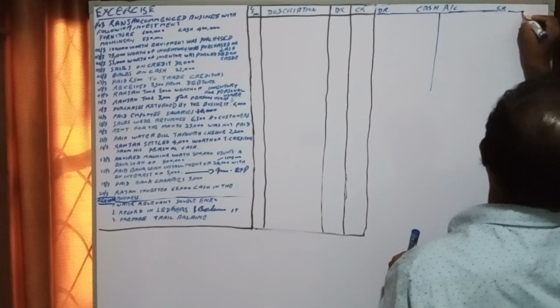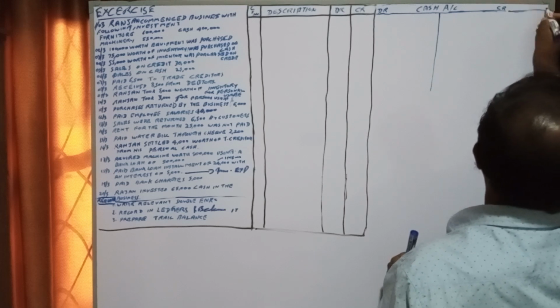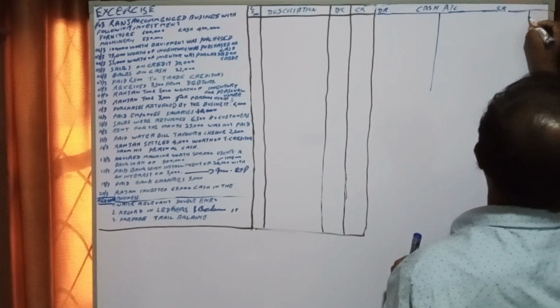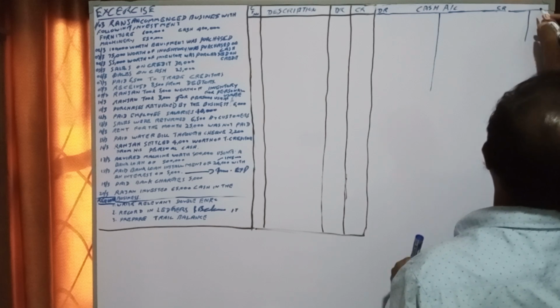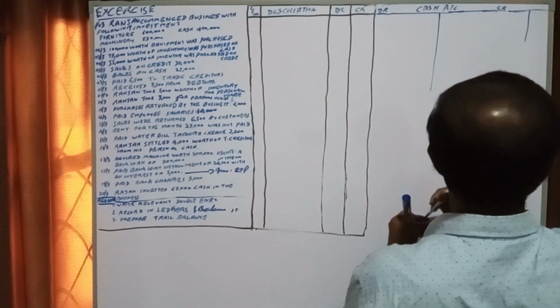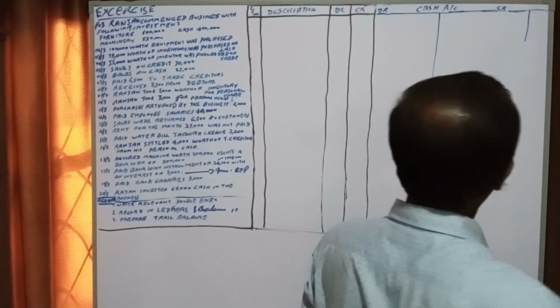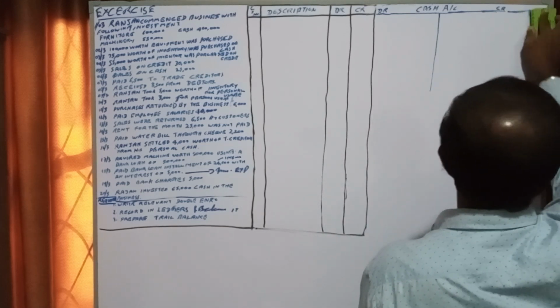Here we will say machinery account. Space is not enough, it's the problem.